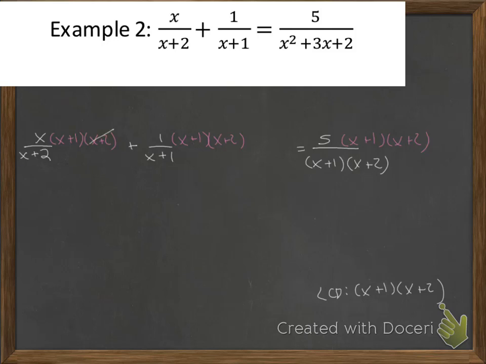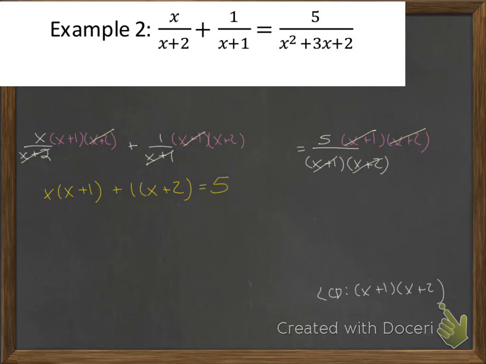So notice that the x plus 2 terms cancel out here, the x plus 1 terms cancel out here, and then of course both cancel out here. Let's see what we're left with. We have x times x plus 1 plus 1 times x plus 2 is equal to 5.